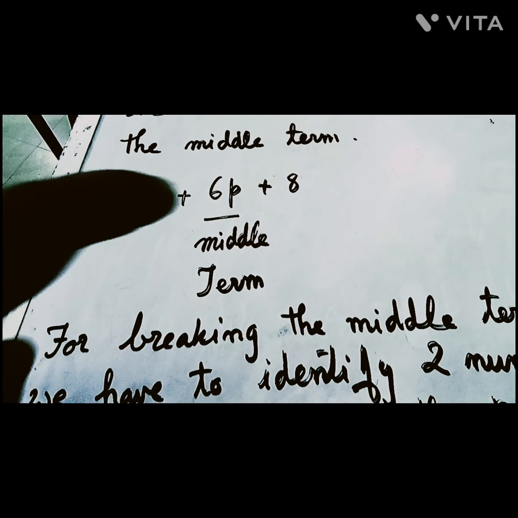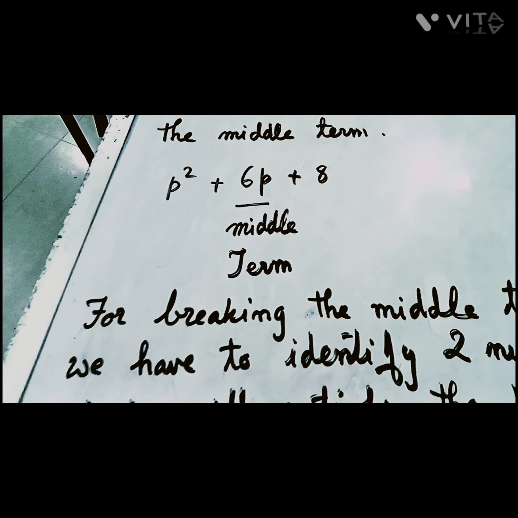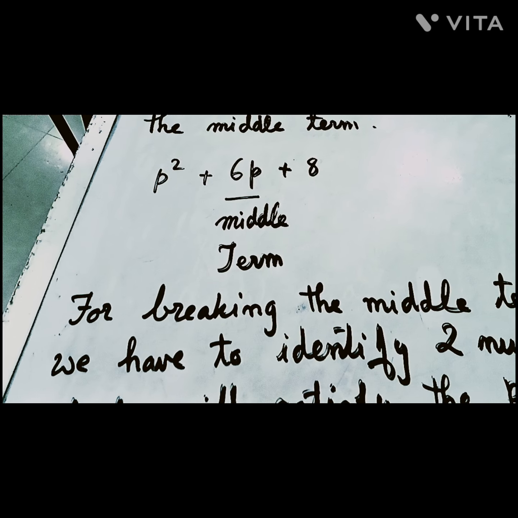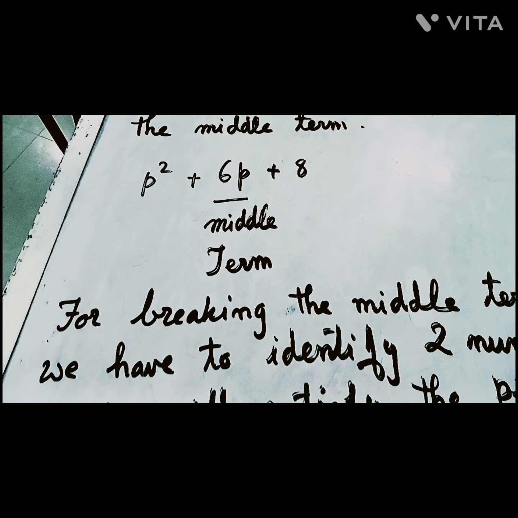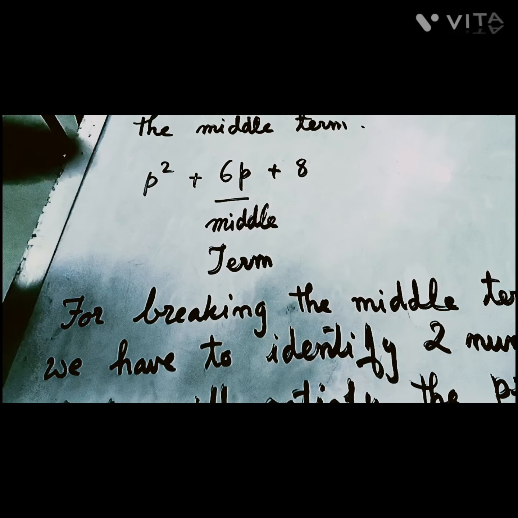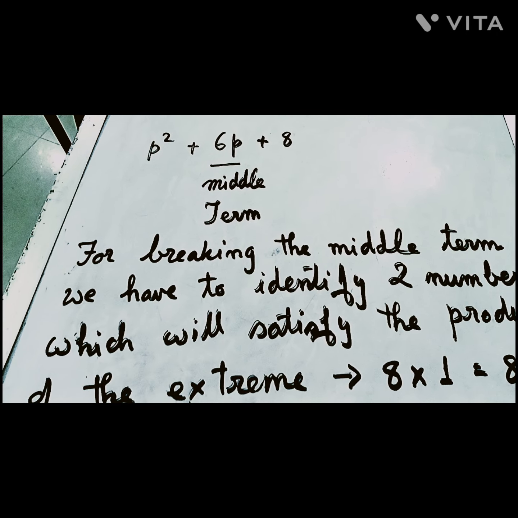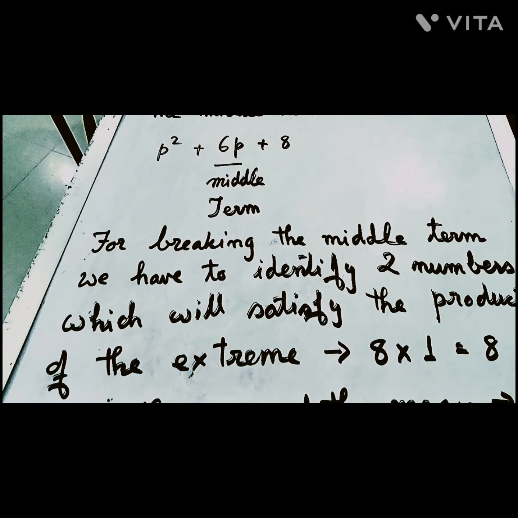Here the middle term is 6p. So 6 needs to be broken into two terms so that I can factorize the expression p square plus 6p plus 8 into two simple expressions, the product of which will give this. Let's start. For breaking the middle term, we have to identify the numbers which will satisfy the product of the extremes.